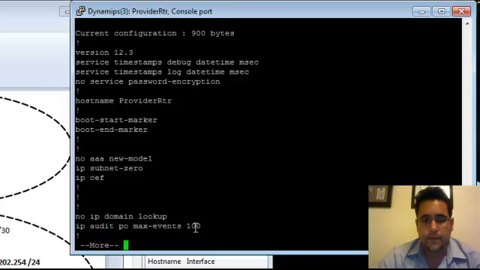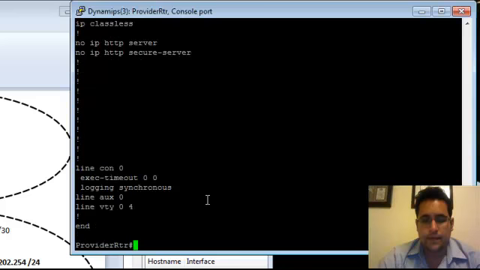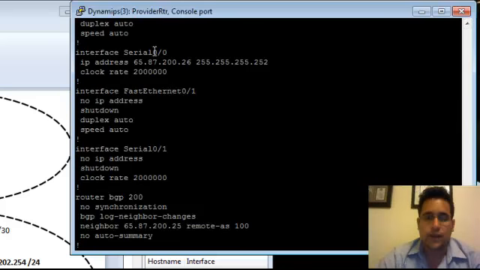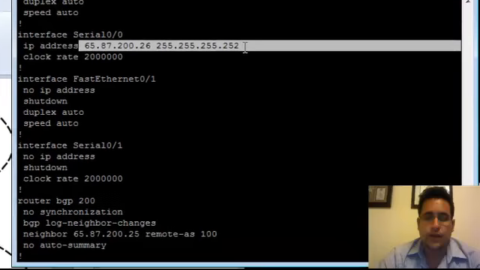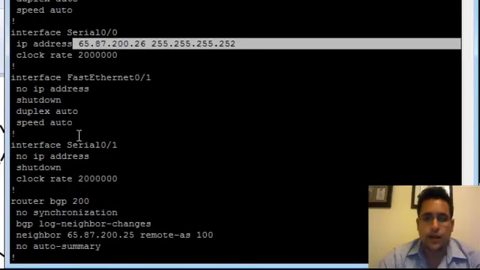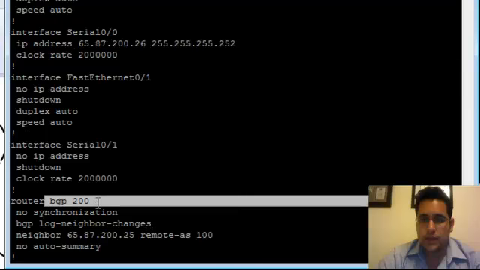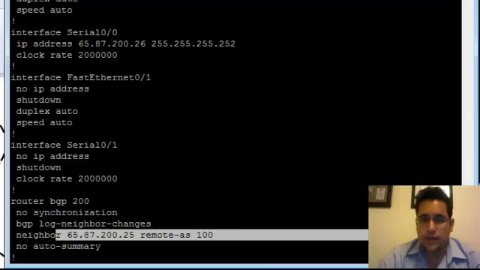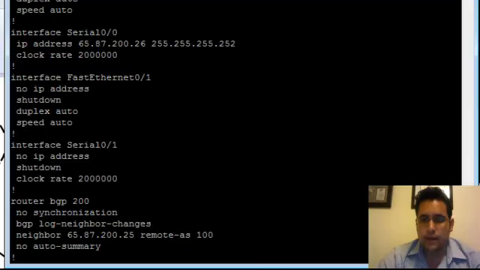Okay, serial 0/0 is configured with a .26 IP and a 252 mask, which corresponds to /30. Its BGP autonomous system number is 200, and it knows it has a neighbor on .25 with autonomous system number 100. Very basic configuration. Now let's take a look at our internal router and see what we have so far.